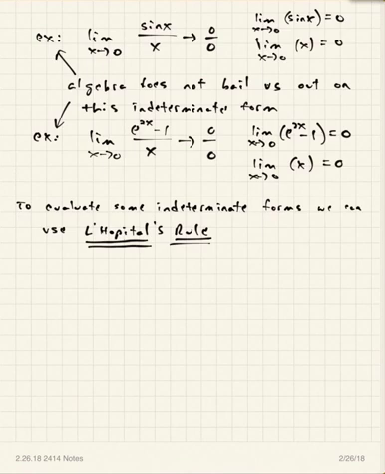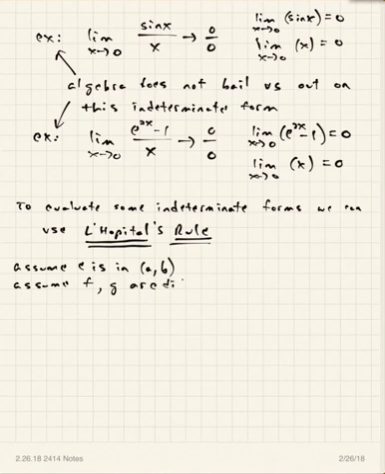All right, so this is the rule. Assume c is in the open interval from a to b. So c is somewhere inside that open interval. And then you also assume that two functions, f and g, are differentiable in the open interval from a to b.